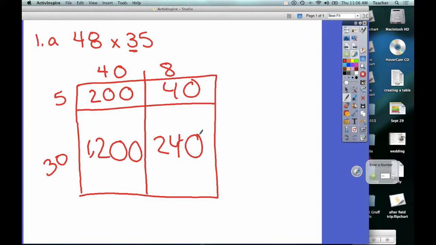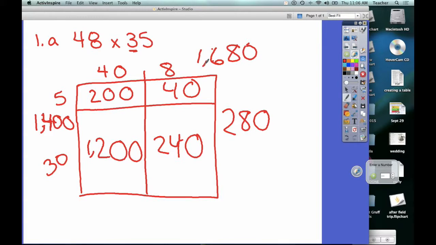And then we added this side together, which would be 1,400. And then we added this side together. And then we added this to this, and we got this is our answer.